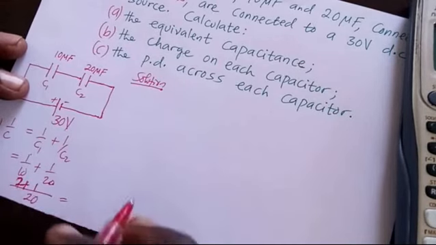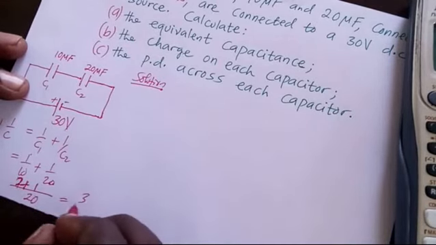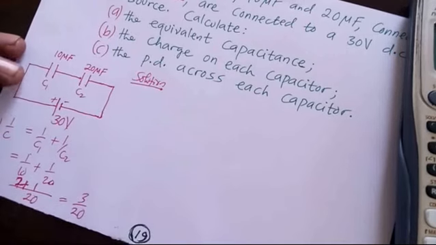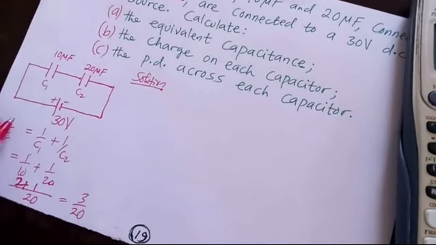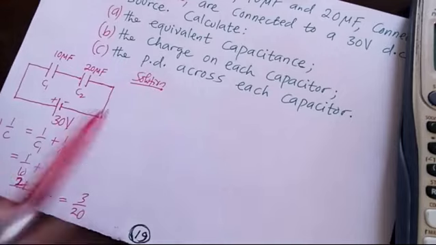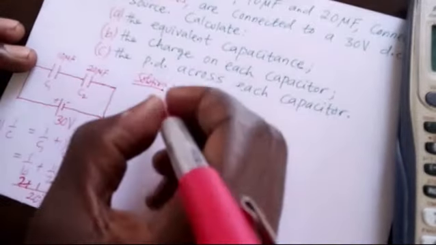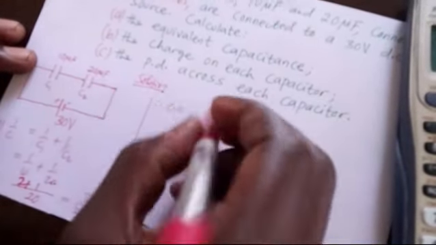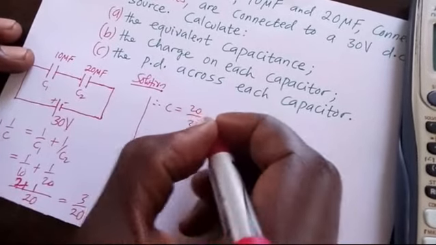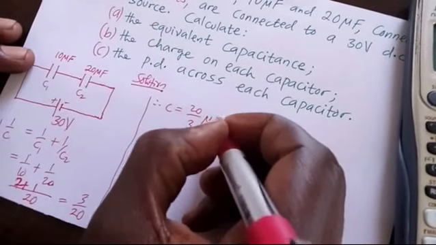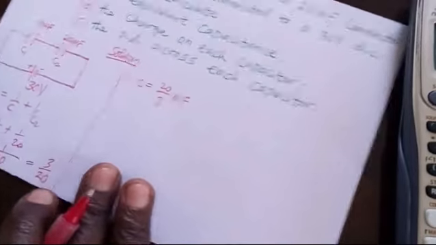So this is equal to 3 upon 20. This is not your result because it is 1 upon C, so you take the reciprocal and say therefore C is equal to 20 upon 3 microfarad. With this you have solved A.